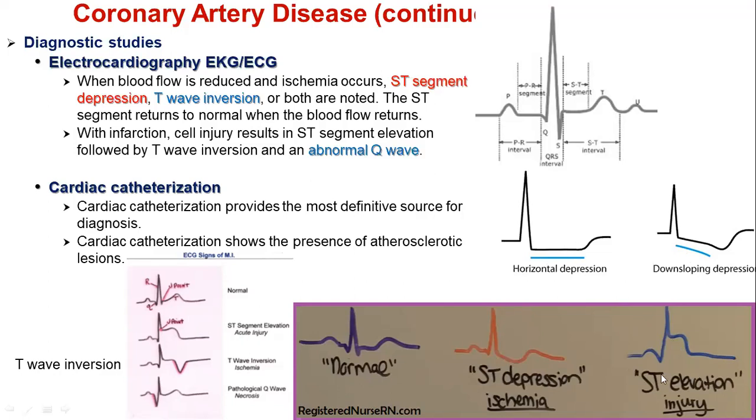This is also abnormal because of injuries, right? So these are the graphical abnormalities we found in EKG or ECG in case of coronary artery disease.